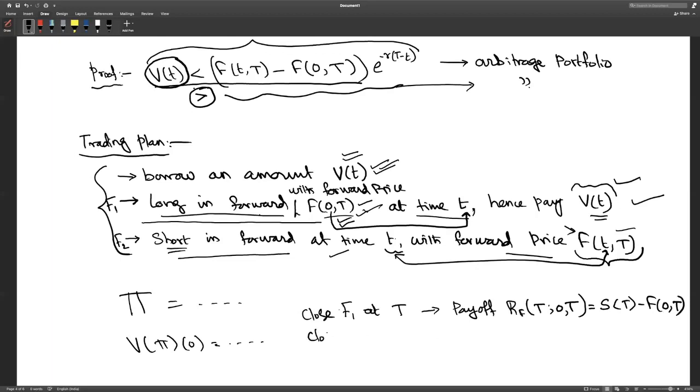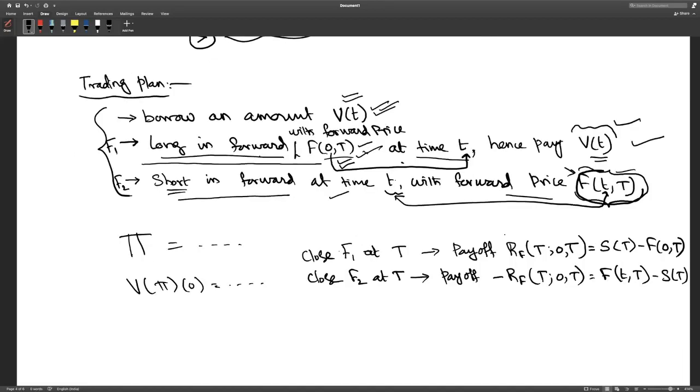Similarly, when you close F2 at T, you will get a payoff from there, that is minus R_F(T; 0, T). That is nothing but F(T, T) minus S(T), since your forward price is this one. So you add these two. That is the total payoff you get from your forward trade.